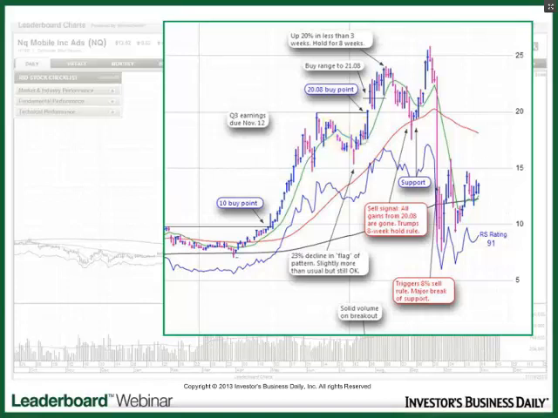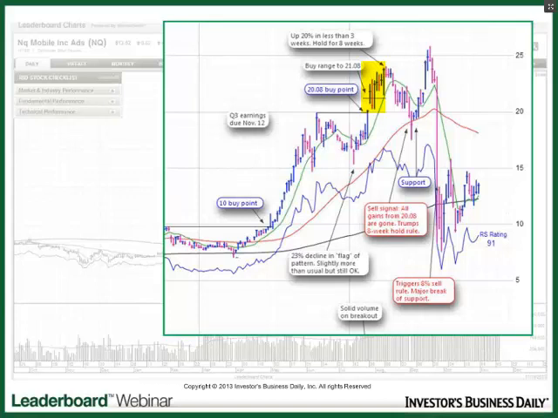And as it was coming out of that area right around 20, we had it on the leaders list, and it broke out in big volume. And you can see it went up to 24, so this thing is up 20% in just a few days. It's triggered the 8-week hold rule at this point, and there is one override to the 8-week hold rule, and that is when a stock round trips.